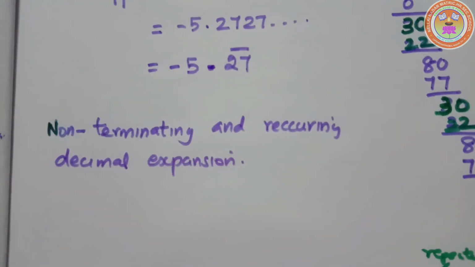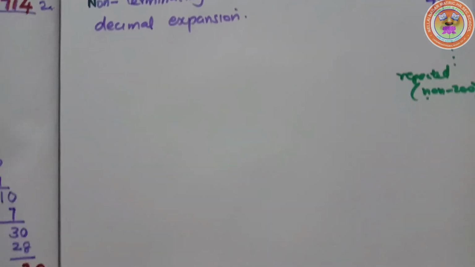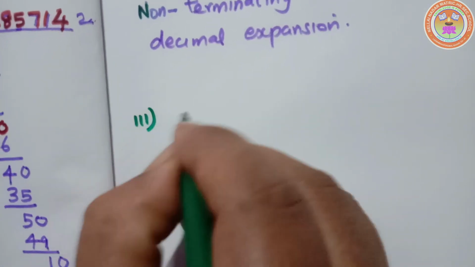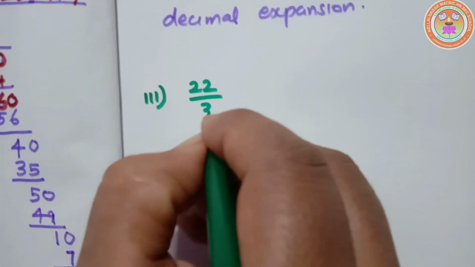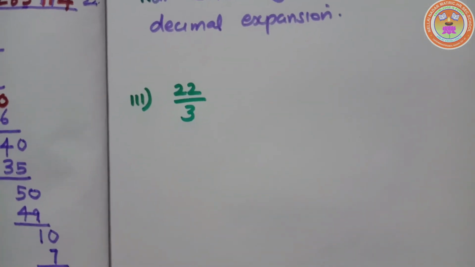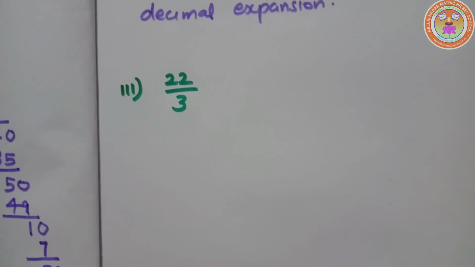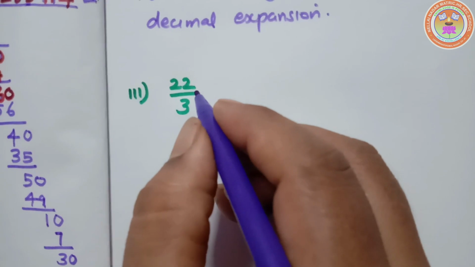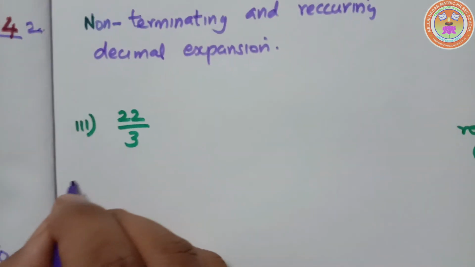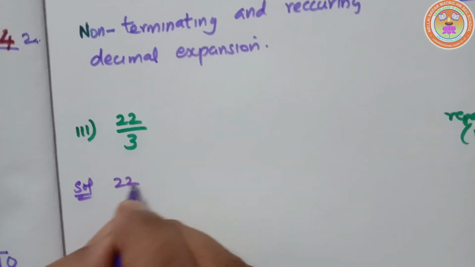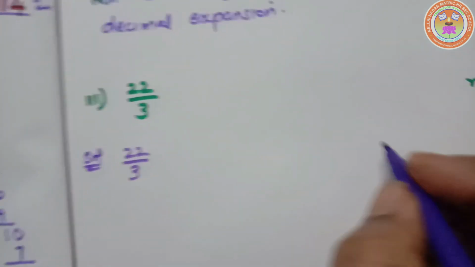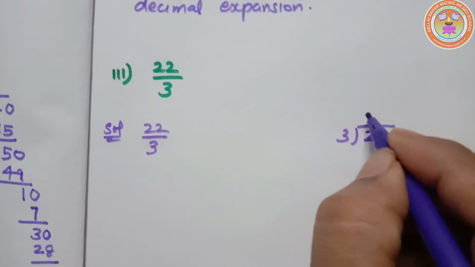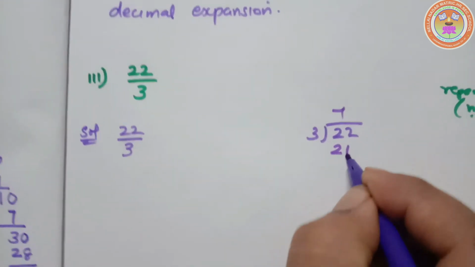Now we will see third sum, children, third subdivision. Third subdivision is 22 by 3. This is a rational number. You have to express into decimal and state the kind of decimal expansion. So solution 22 divided by 3. 3 sevens are 21.